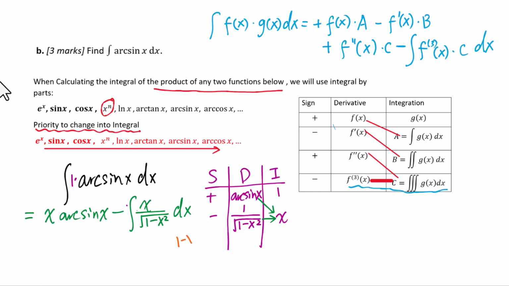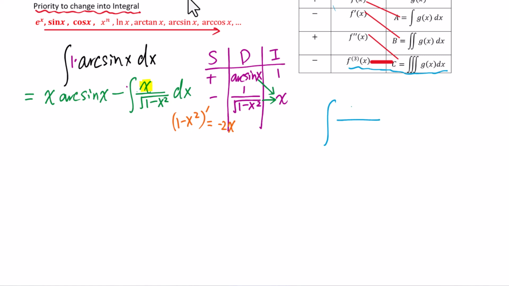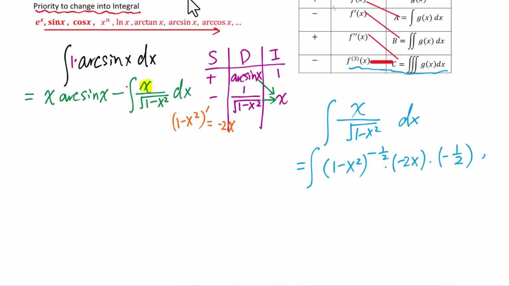Since the derivative of 1 minus x squared equals negative 2x, we have x here. We will use the reverse chain rule. Integral of x over square root 1 minus x squared dx equals integral, change the denominator as a single power, negative 1/2, times negative 2x, then times negative 1 over 2 dx.